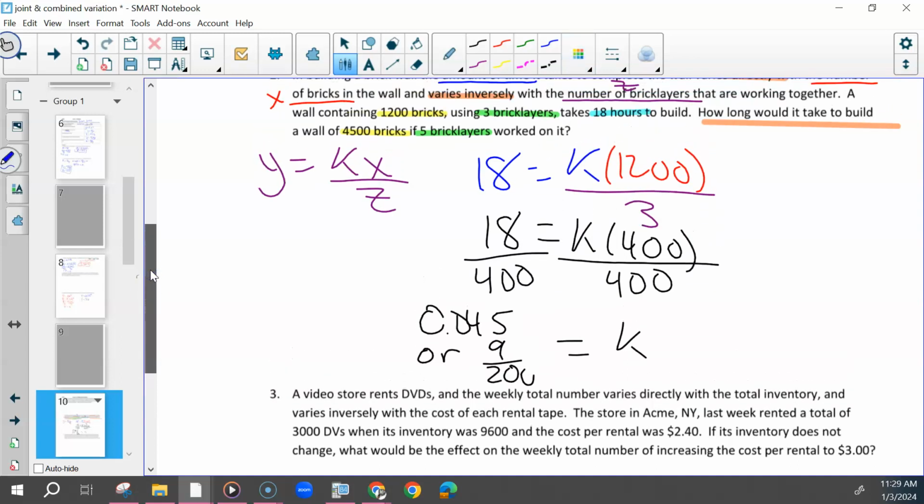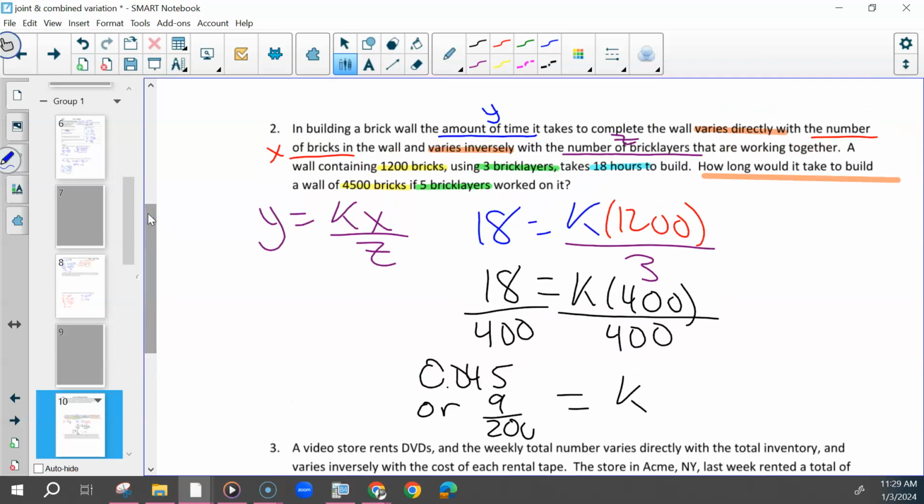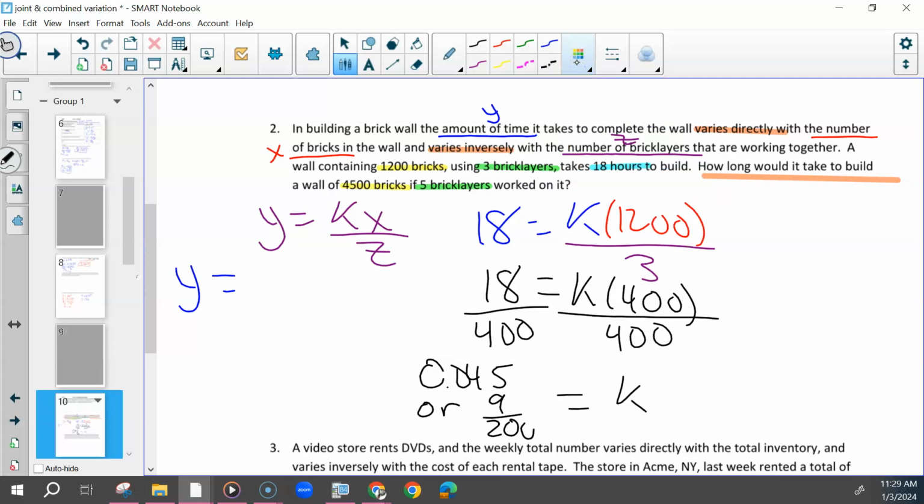So that's part of it. Then we have to figure out how long. So how long is going to be which variable are we looking for? Y. Time. So we're looking for y. We don't know it. We have our k. You can put it as either one. It doesn't matter. I'll use a decimal since it's a nice decimal.